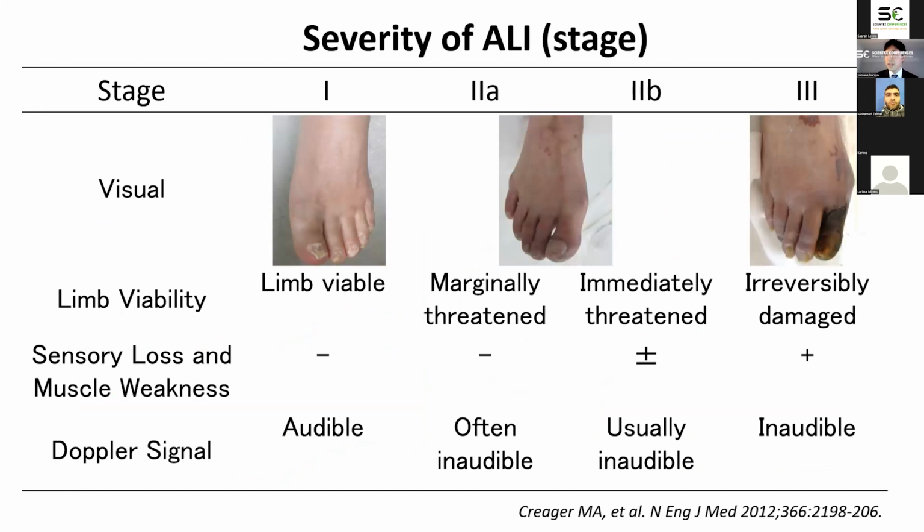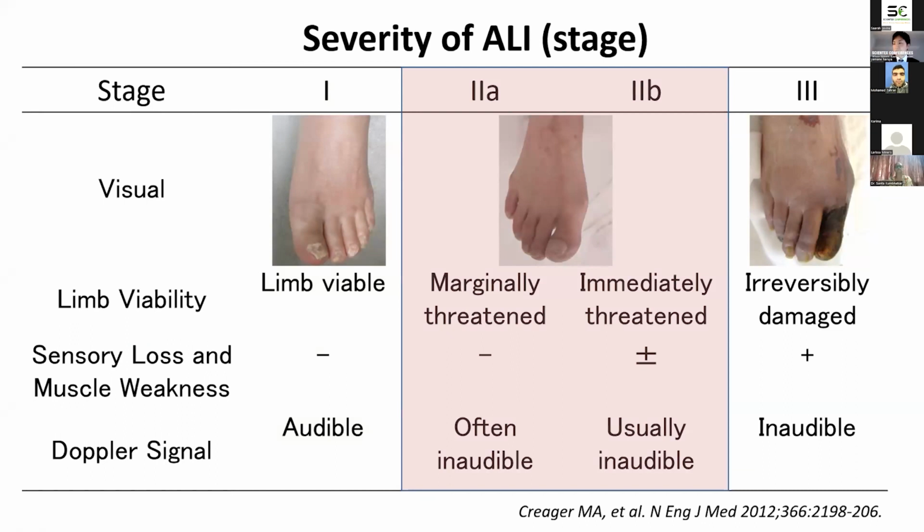Next, we explain the severity of ALI. Severity of ALI can be classified into 4 stages depending on the limb viability. Stage 1 means viable limb. In many cases, Doppler signal is audible and emergent revascularization is not required. Stage 2 means threatened limb viability. Emergent revascularization as soon as possible is needed for limb salvage.